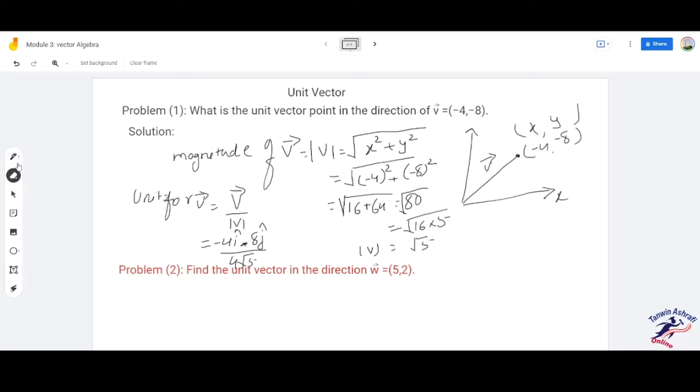That means the unit vector will be minus i cap divided by under root 5, minus 2 by under root 5 j cap. This is what we do for the unit vector of the vector v.